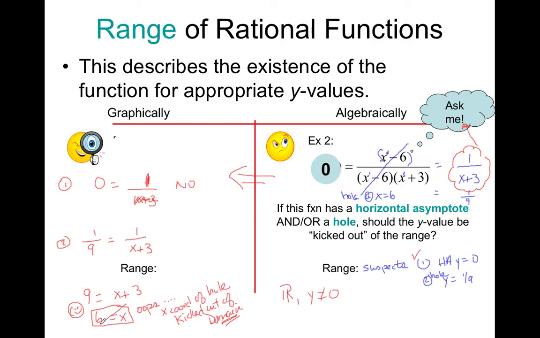So since 6 doesn't exist for me, there is no legal x that gets me 9 here, which means there's no legal x that gets me 1/9, so therefore no, and the y value of the hole is also kicked out. Right? Kind of crazy.